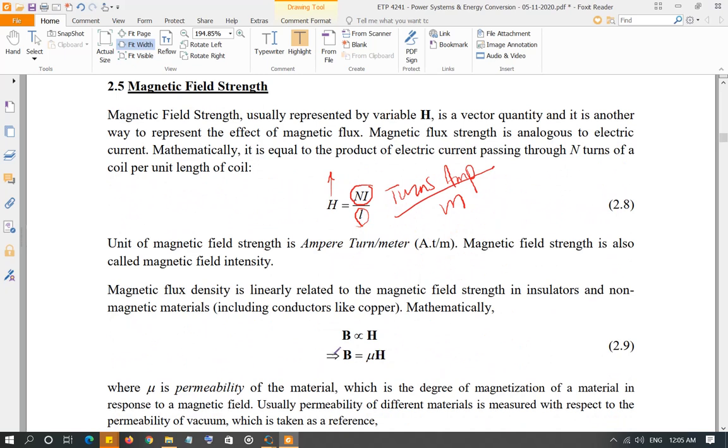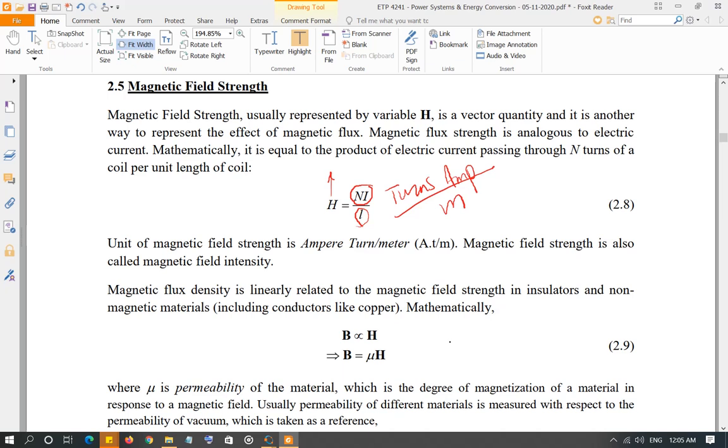As I mentioned, magnetic flux density and magnetic field strength are directly proportional to each other. So basically, the more current flows through the coil, the more flux is going to be produced, and the flux per unit area, the magnetic flux density, is going to be greater, until you have saturation of flux, as we're going to see pretty soon.